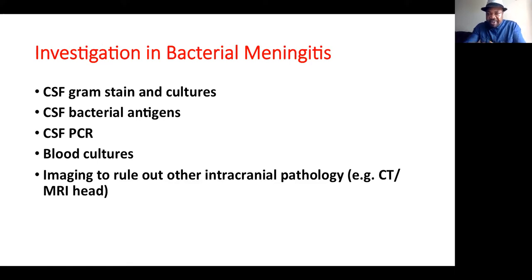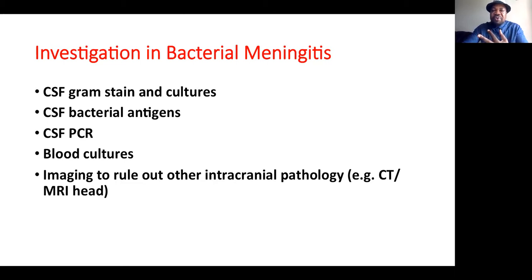Now, when you suspect a bacterial meningitis from there, what are the next steps in terms of investigation? The next step is that you now have to request a gram stain from that CSF, so microscopy, mainly gram stain, and cultures need to be done.